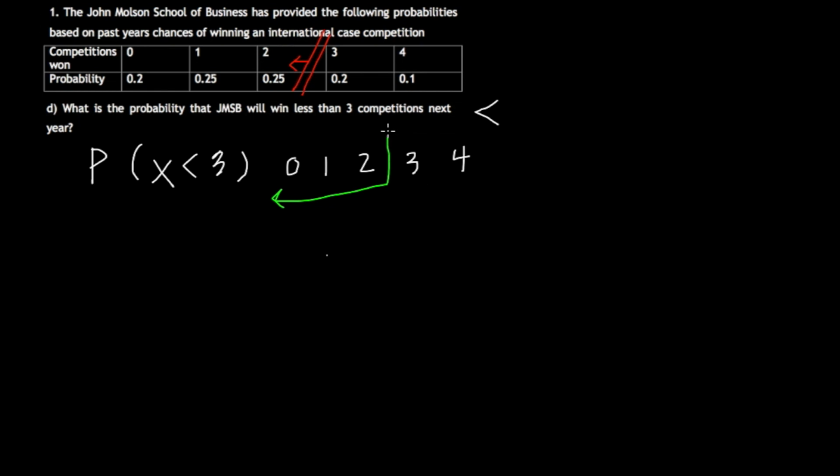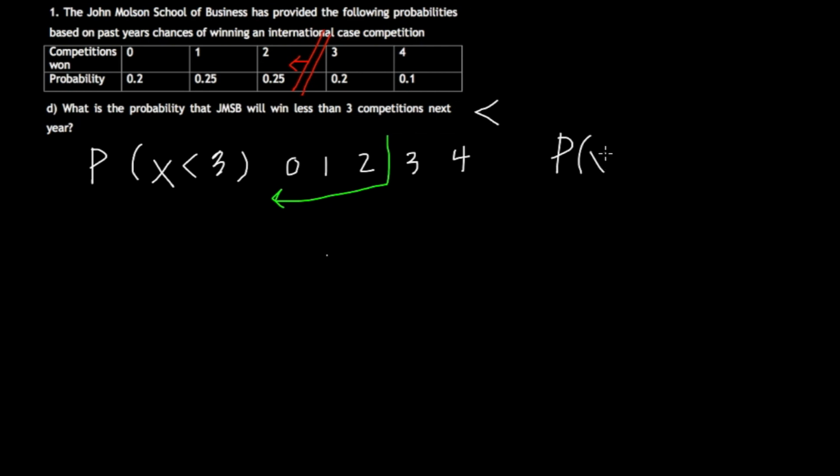Okay, so this way I know that everything inside this hook is included, and so it's from the 2 downward because 3 is not included. Okay, now another little thing before we solve it, very important, and this is going to help you when using the binomial table.